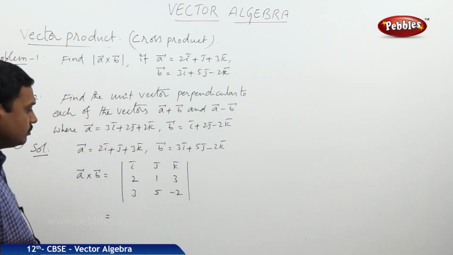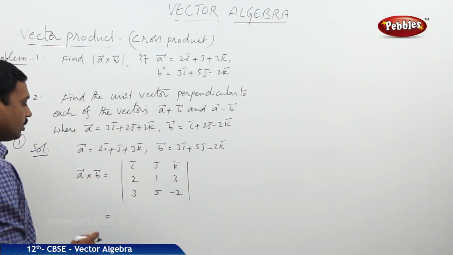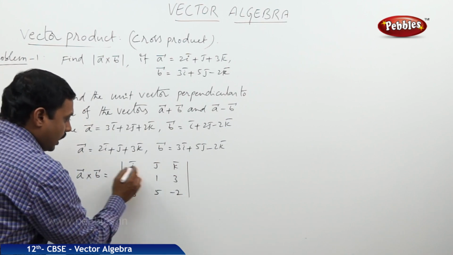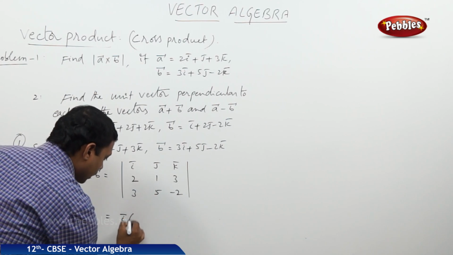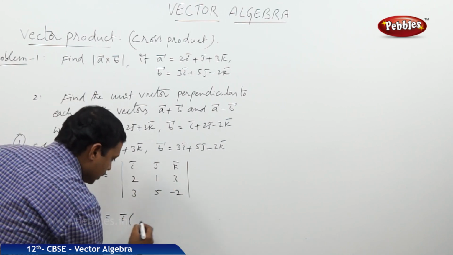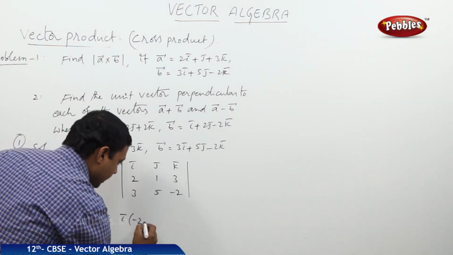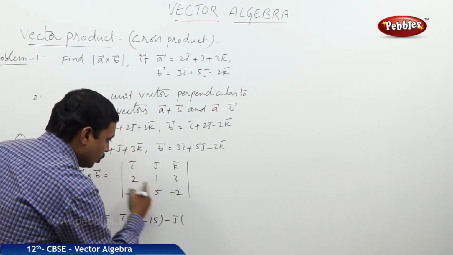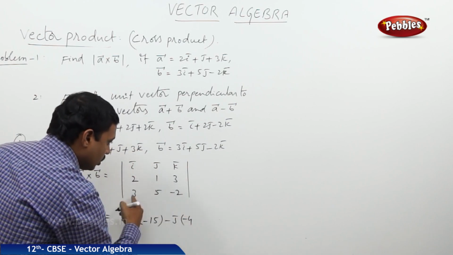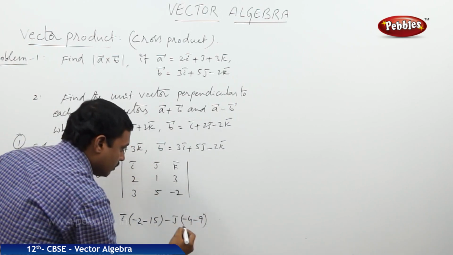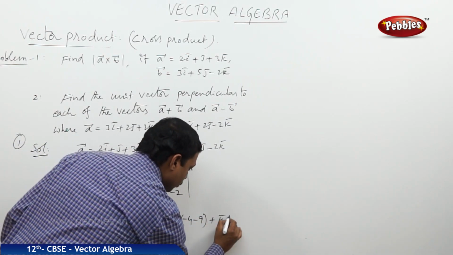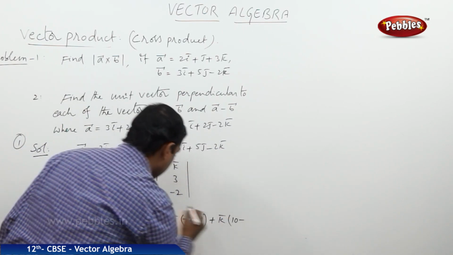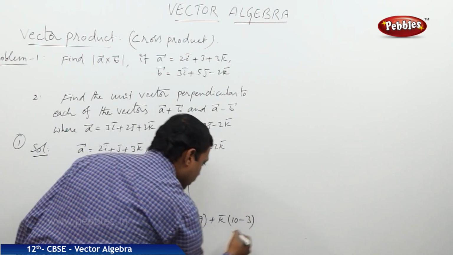Now using the determinant formula of 3 by 3, we get i vector into minus 2 minus 15, minus j vector into minus 4 minus 9, plus k vector into, deleting the row and column, 5 into 2 is 10, minus 3 into 1 is 3.